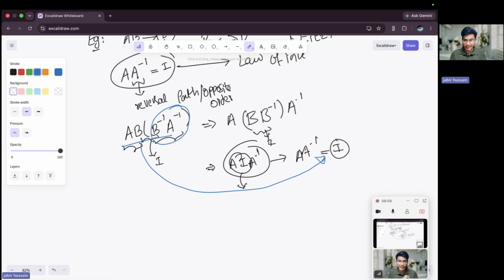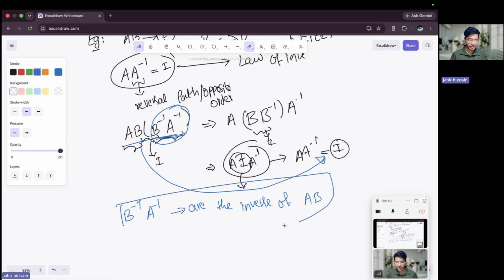If they are giving the identity matrix, can I say that B inverse and A inverse are the inverse of AB? So from this, I have figured out how I can find the inverse of the given matrix. Very clear. I hope you have understood.